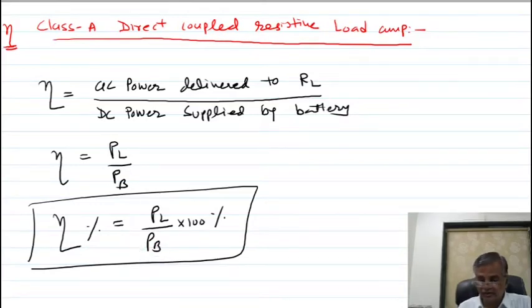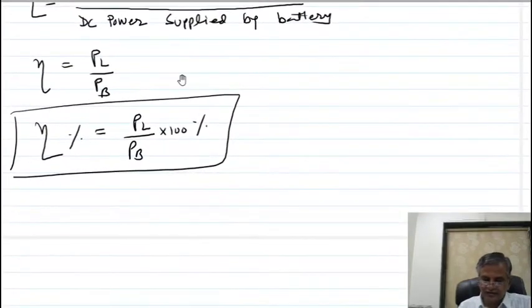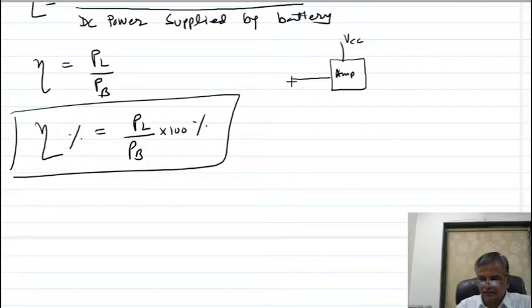If you want some more detail, I'll tell you like this. Suppose this is my amplifier. Here I am supplying VCC. This is my input signal. Now I am getting my large output signal.